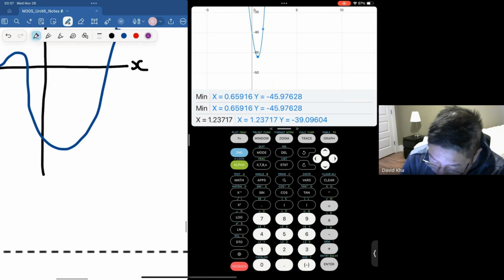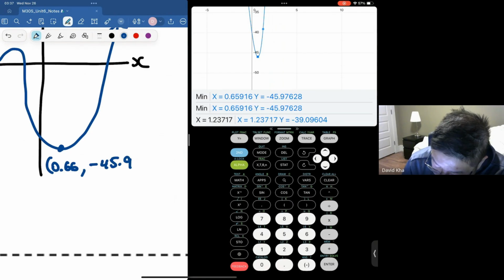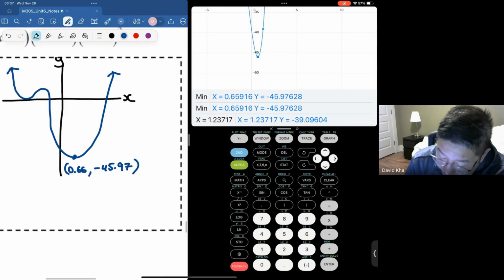So on your picture, then we're going to label in the minimum, and we're going to put in the coordinates. 0.6667, and then negative 45.97, close bracket.